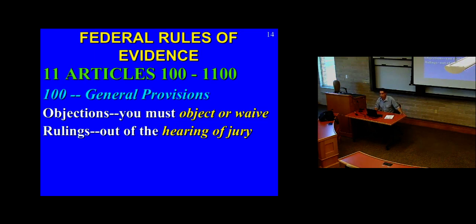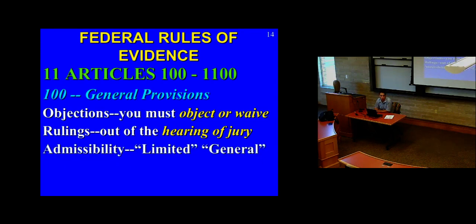The judge will push a button and there'll be some noise just to make sure that the jury isn't eavesdropping on the bench conference that's taking place. So it's important that these discussions are made outside the hearing of the jury. And the rules in the 100 series talk about that.